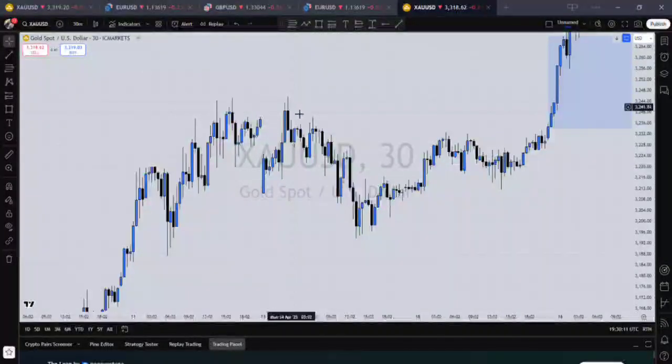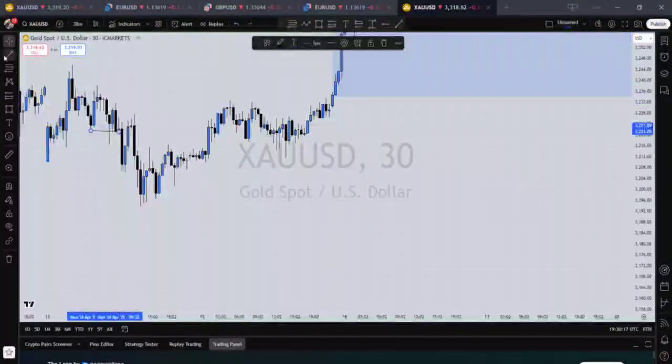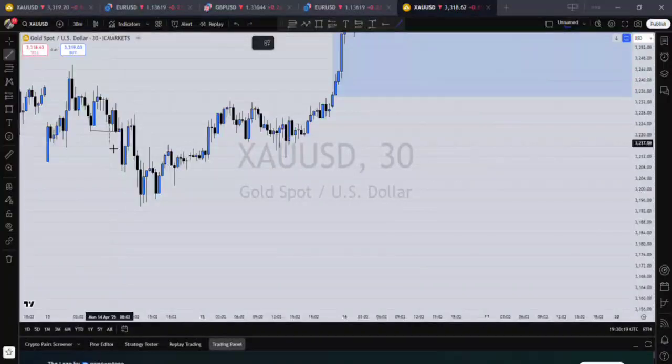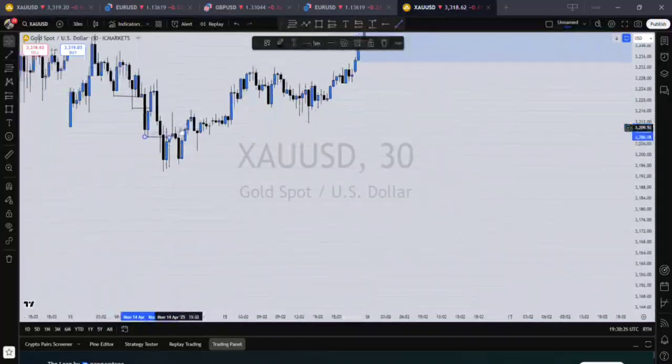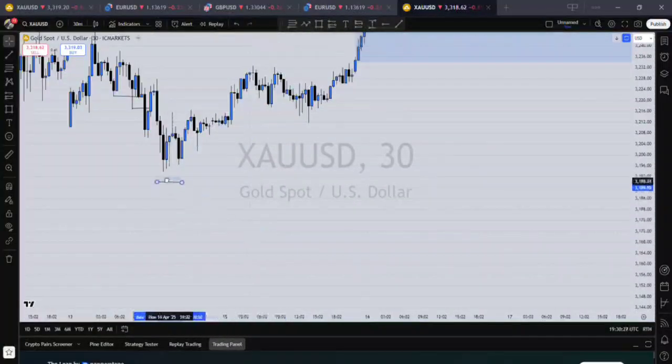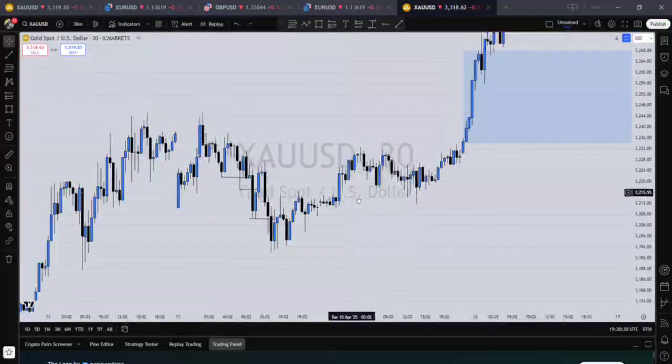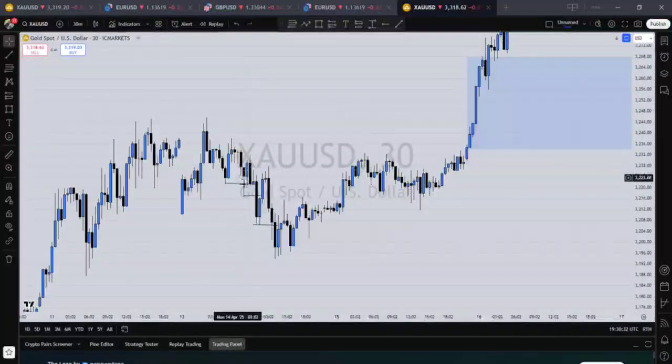By the time you are in a sell and price is breaking structure, range, retrace, break structure, retrace, break structure, you should know that there's something going on in the higher time frame, except the higher time frame is a bearish trend too. Look at this: range, retrace, break structure.